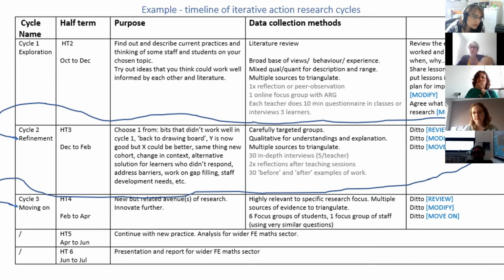I'm going to say cycle 1 worked quite well. I found out a lot there, but now I know I need to hone in on a particular aspect. So a refinement of what I want to focus on in cycle 2. I go through cycle 2, and then I'm going to move on to something different in cycle 3, just a related aspect, maybe.